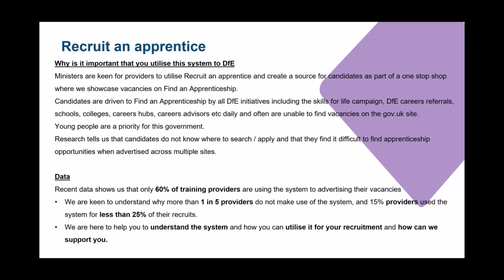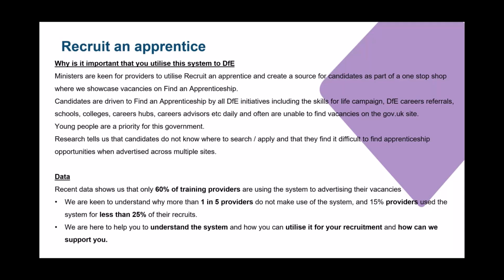And often that pool is a lot more diverse than you might get through some of the recruitment agencies. We use it through our careers hubs, through our schools, through our colleges, through our careers advisors, we all reference through to Find an Apprenticeship. And it has a huge amount of traffic that goes through it. And so it's a really positive place to utilise for your employer recruitment.